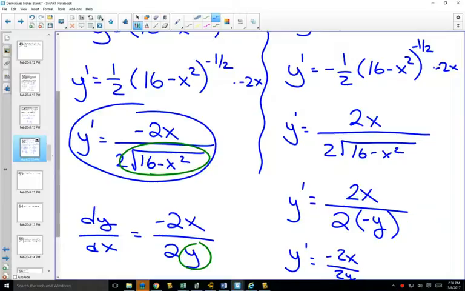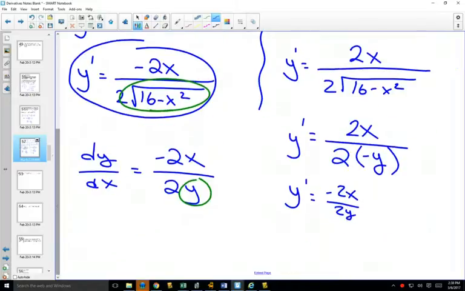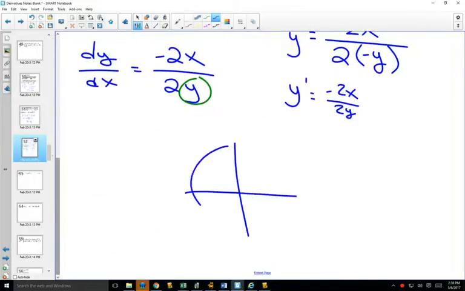Now what's interesting is if you graphed this circle and you wanted to find the slope of the tangent line at a certain point. So for example, when x is 1, y would be the square root of 3, because that would make x squared plus y squared equal to 4.